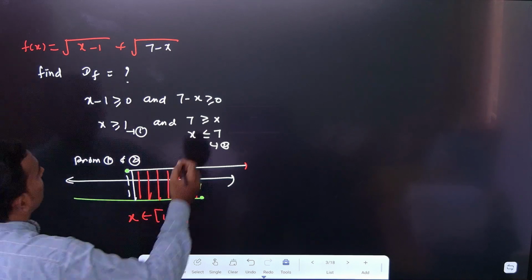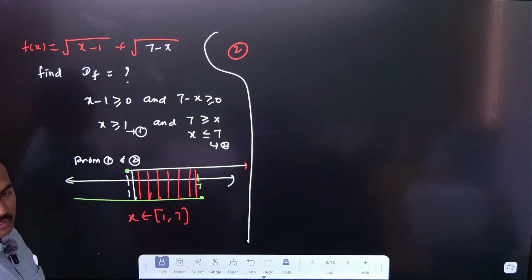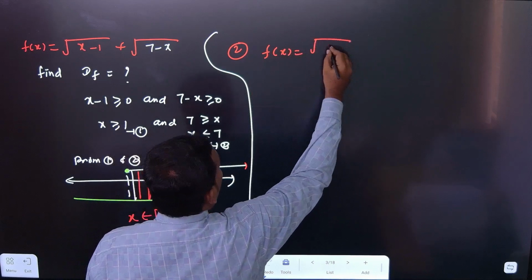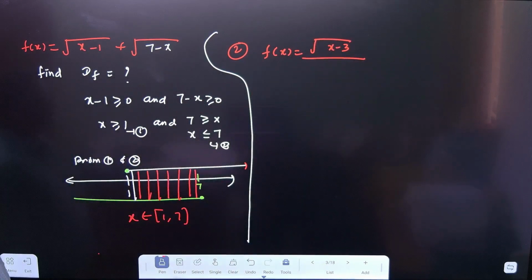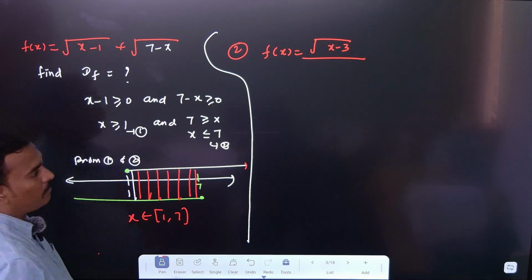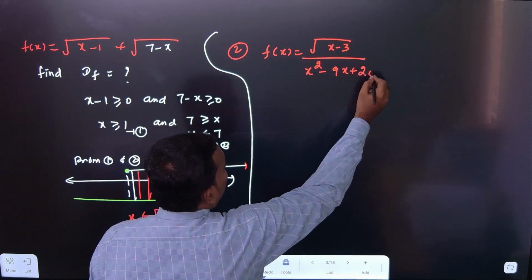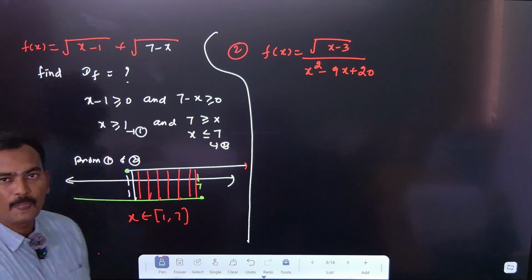Okay. Let me take another question. f of x equal to square root of x minus 3 divided by x square minus 9x plus 20.